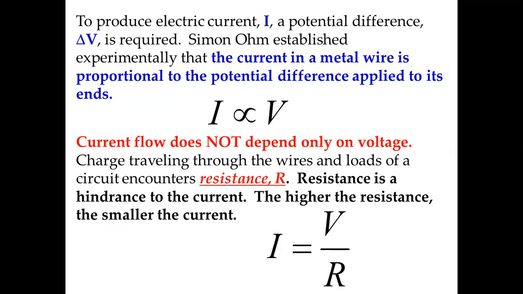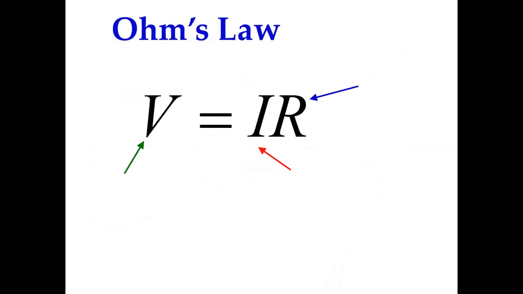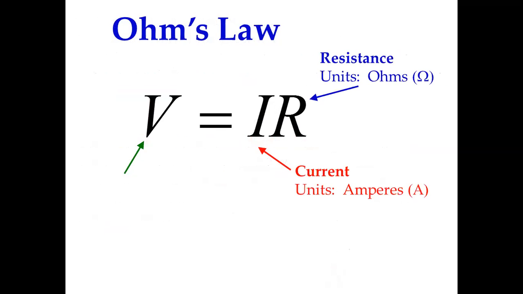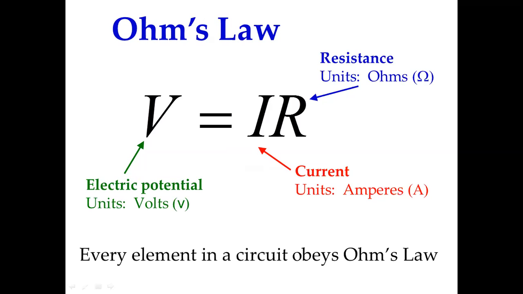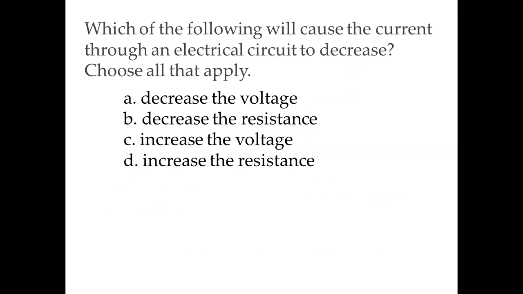The higher the resistance, the smaller the current will be. V equals IR. Here resistance has the unit ohms and the current has the unit ampere. Every element in a circuit obeys Ohm's law.